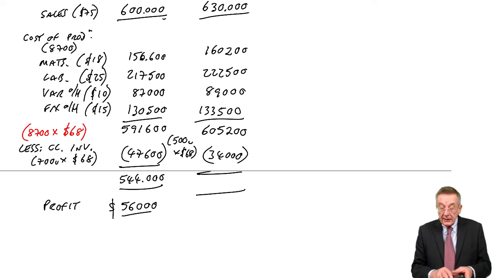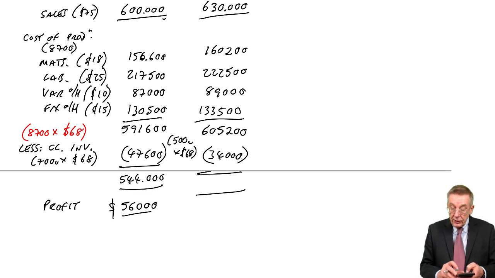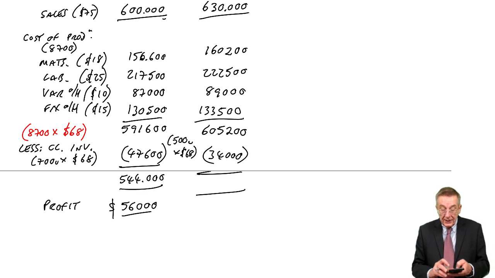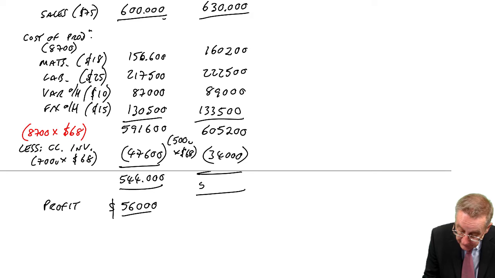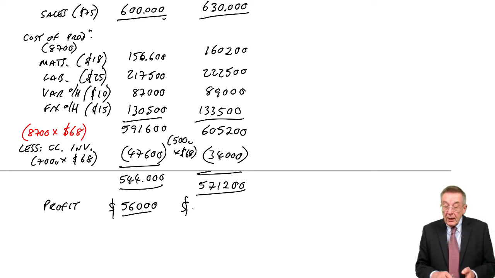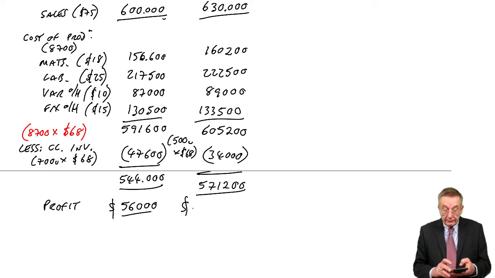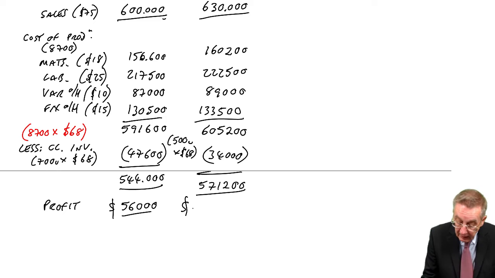So the cost of sales, 605,200 minus 34,000 is 571,200. The profit, therefore, $58,800.